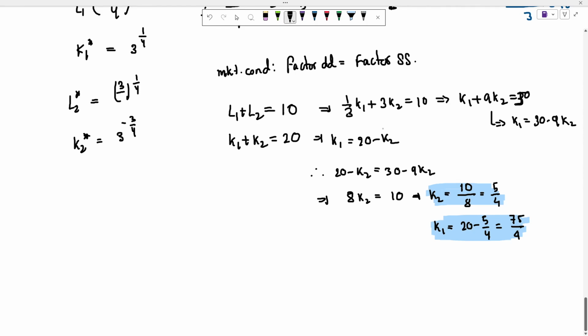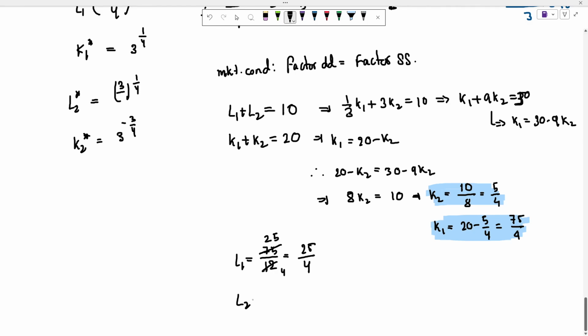So here we found out that labor is going to be in this thing. So labor 1 is going to be 1/3 of K1. So K1 was this, so it would be 1/3 of this. So it would be 75 by 12. Or I guess you can cancel this out by 3, so it is 25 by 4.